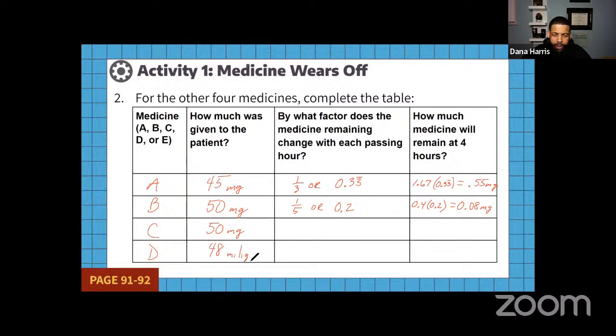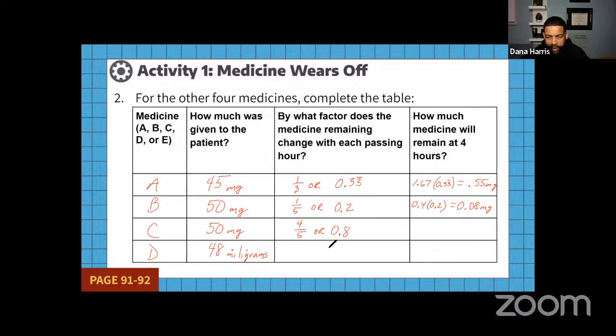All right. Here in C, the y-intercept was 50 milligrams, and D, the y-intercept was 48 milligrams. I don't want to get caught up on saying y-intercept because it's also the initial value. It's the vertical intercept as well. Okay, and so for C, the common factor was 4/5 or 0.8.